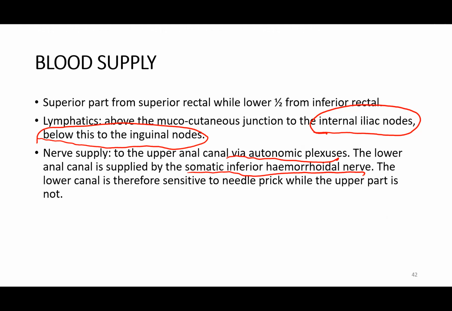The lower canal is therefore sensitive to pain, touch, temperature, okay? While that above is sensitive for stretching reflex. So lesions above the dentate line are usually painless. Lesions below the dentate line are usually painful.